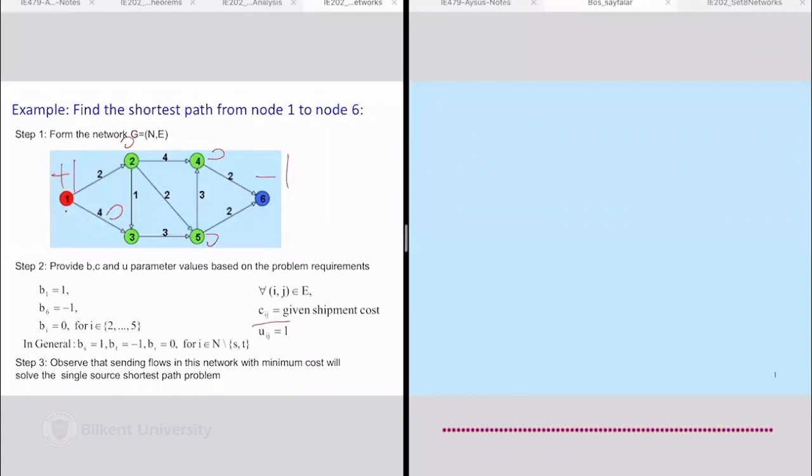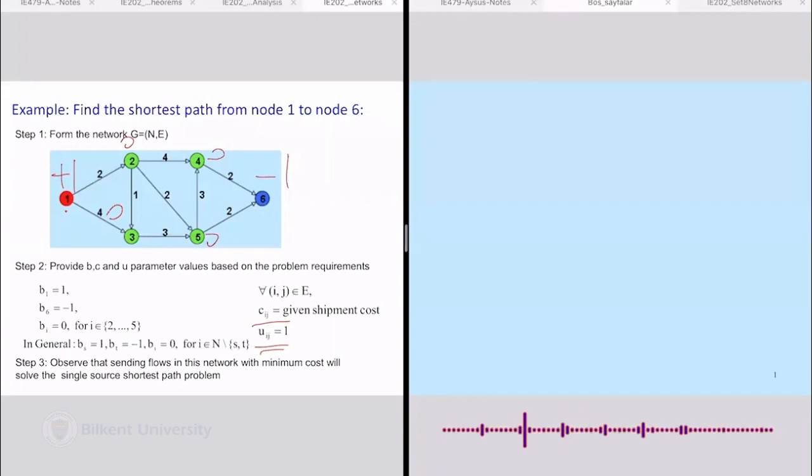The C's are as given. Now U, the upper bound on the arcs. Well, I'm trying to find the path. I'm only sending 1 unit. So Uij equals 1 will work. If I use the arc, I will only send 1 unit anyway. I won't send 10 units. It doesn't make sense. I'm just trying to find the path.